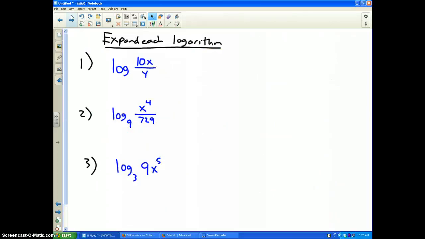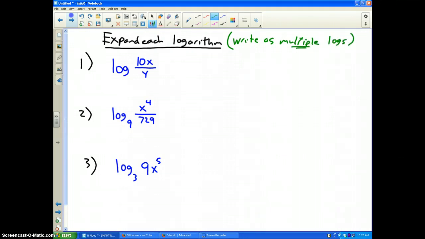All right. Expand each logarithm. In other words, write as multiple logs. Multiple, more than one. All right, I'm going to look at my first problem. It says log of 10x divided by y.